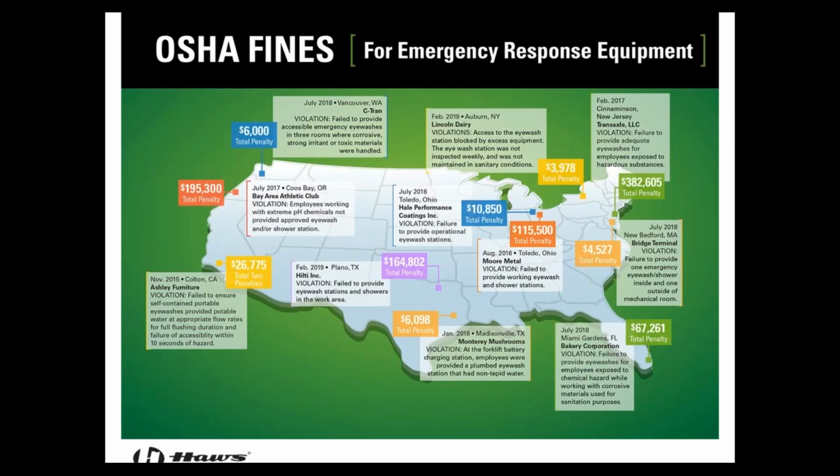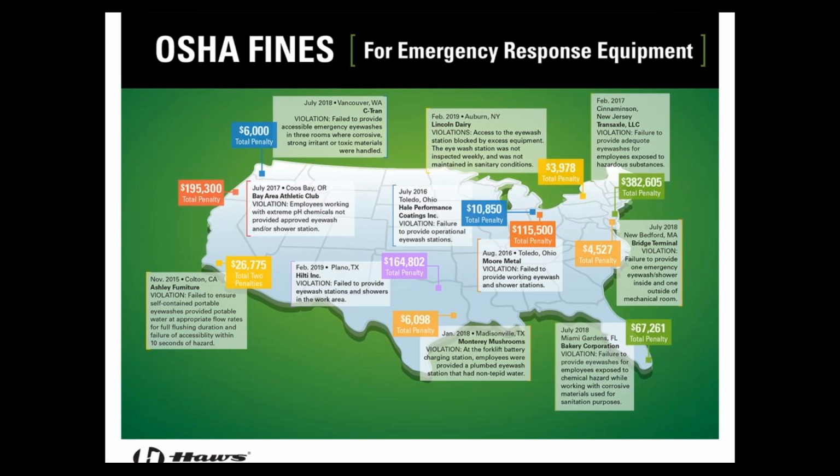This is a big scary map. This is just an example of some of those fines across the U.S. This is all public information. You can find this out there. There are obviously a couple elephants in the room here on the slide. Bigger fines, bigger penalties, and it could be something as simple as this athletic club.